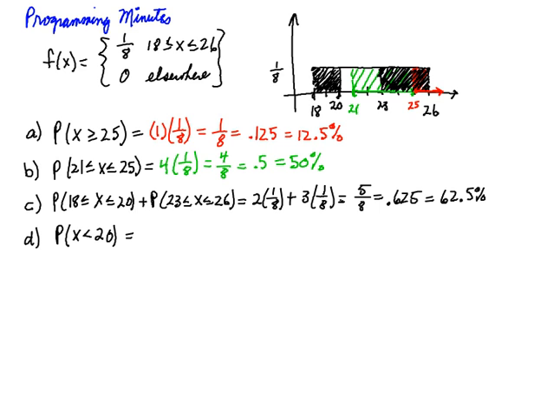So, getting the area again, it's 2 times 1/8, which is 2 out of 8, which is 1/4. 0.25 or 25% probability that the commercials will exceed 10 minutes.